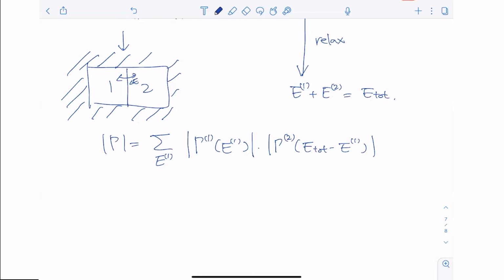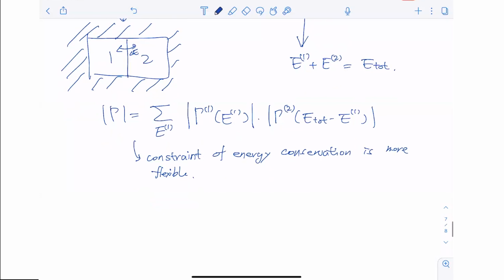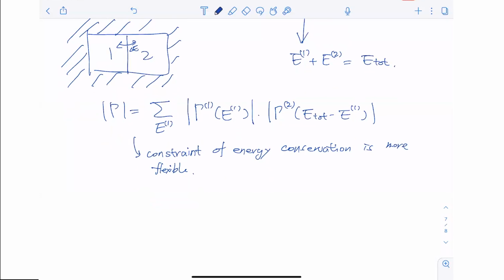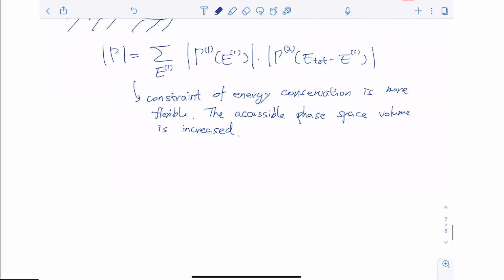But with another energy E1, we will have another product, so we need to add them up together. The reason is that the constraint is now more flexible, and because of that, the accessible phase space volume is increased. It also suggests that the entropy should grow.